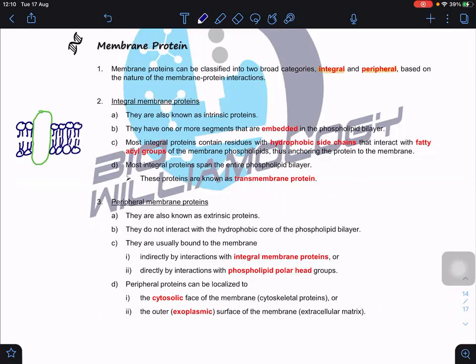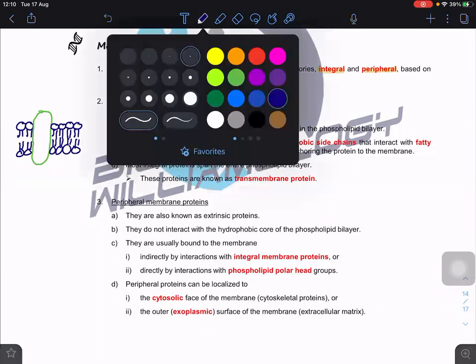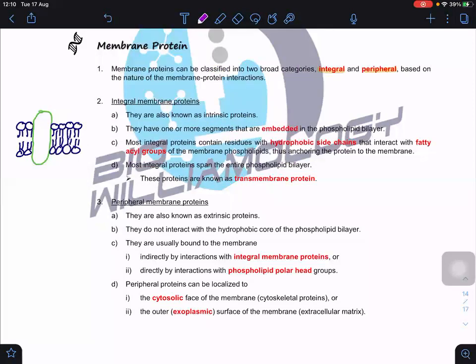And we do have another kind of protein which does not embed itself in the phospholipid bilayer. For example, you may have the purple protein, something like this.